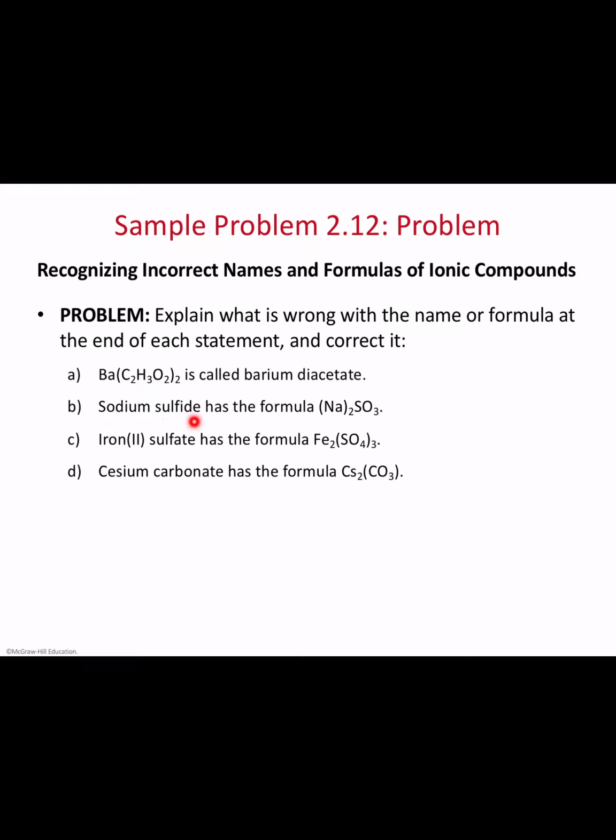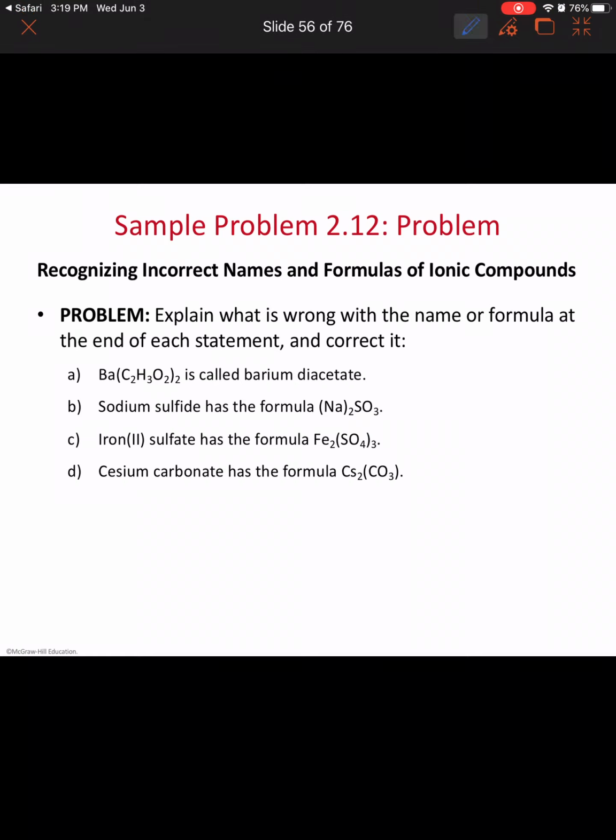And then sodium sulfide has the formula Na2SO3. Remember, IDE comes if you get a nonmetal directly from the periodic table. For example, Cl minus 1 would be chloride, S2 minus would be sulfide, IDE, but what you have written here is SO3.